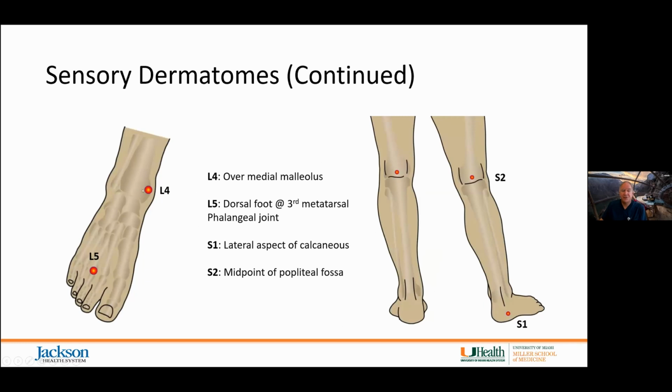So then we go down to the medial malleoli. This is where we're going to find our L4 dermatome. The L5 dermatome is the dorsal portion of the foot at the 3rd metatarsophalangeal joint. S1 basically is at the lateral heel, so the lateral aspect of the calcaneus, and S2 is the midpoint of the popliteal fossa.